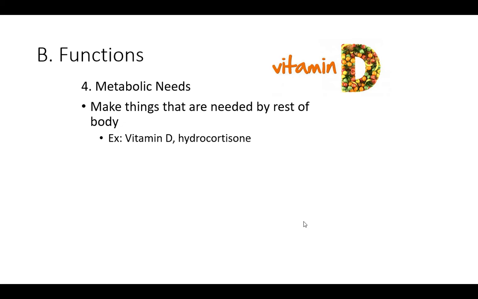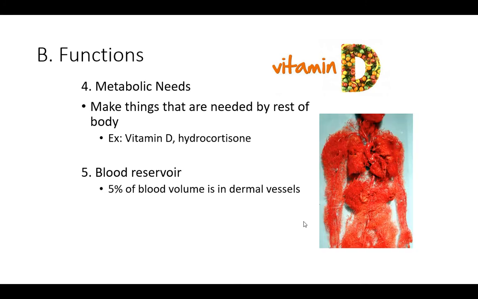So you do need to have access to sun or UV light, but from there your skin takes it and creates vitamin D. A blood reservoir is another function of our integumentary system. And so here is another picture from that same exhibit that I was talking about.